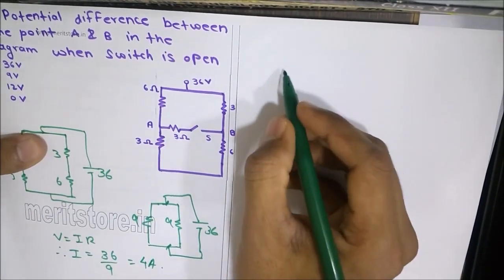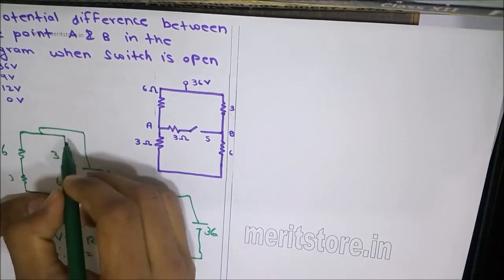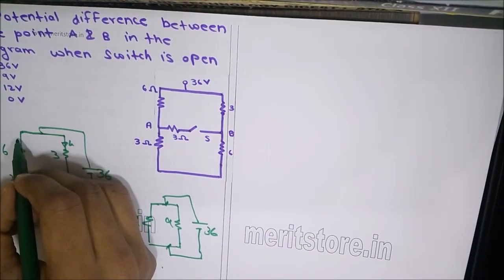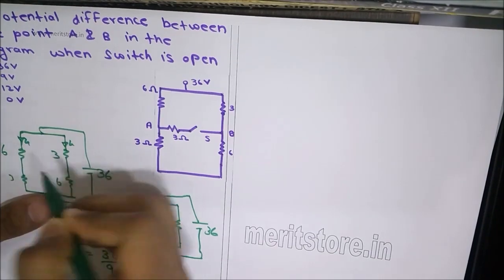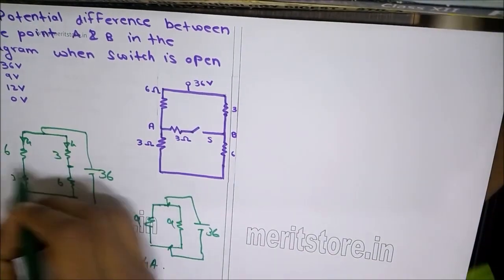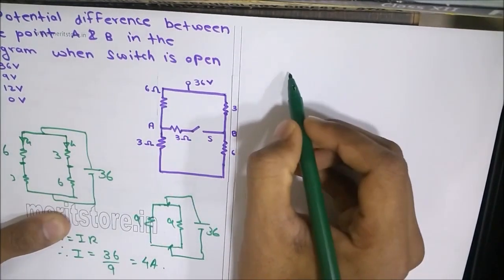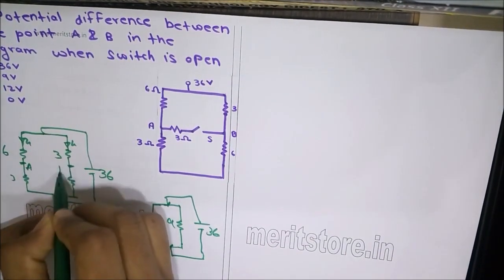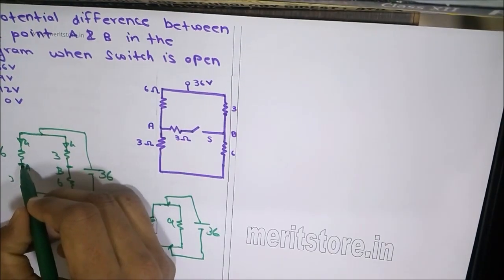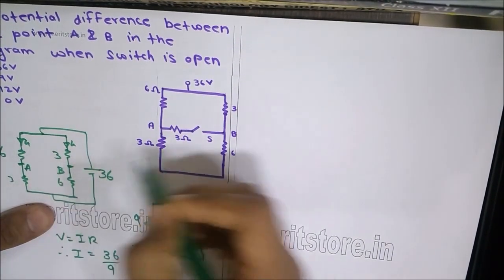Since current flowing through each arm is 4 amperes, a current of 4 amperes flows through here and similarly 4 amperes through here. To find out the potential at points A and B, we'll find out the potential at A with respect to ground and potential at B with respect to ground.